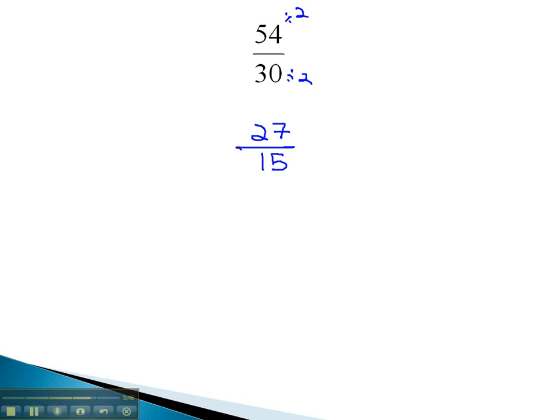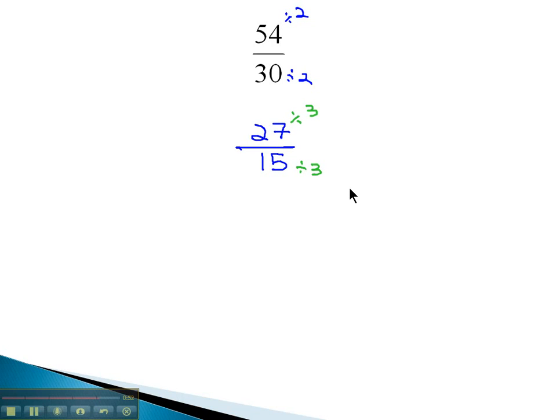And then we can look at these numbers and decide, is there something I can divide both of them by? Is there a factor I can divide out of both the numerator and denominator? We can recognize 27 and 15 are both divisible by 3.